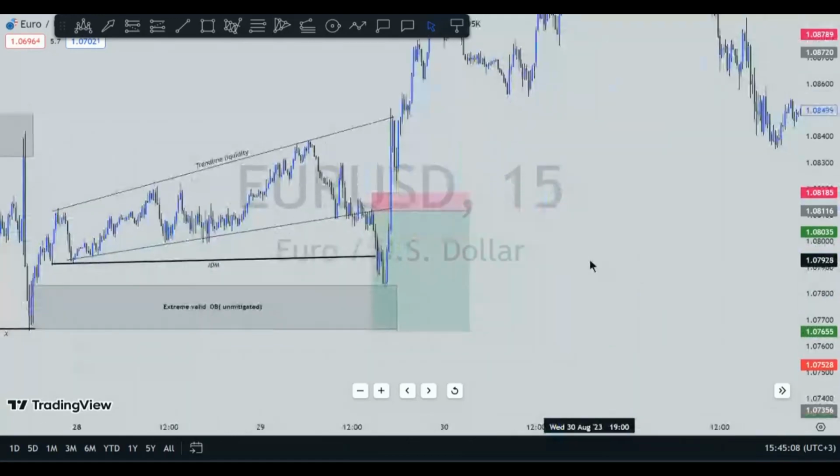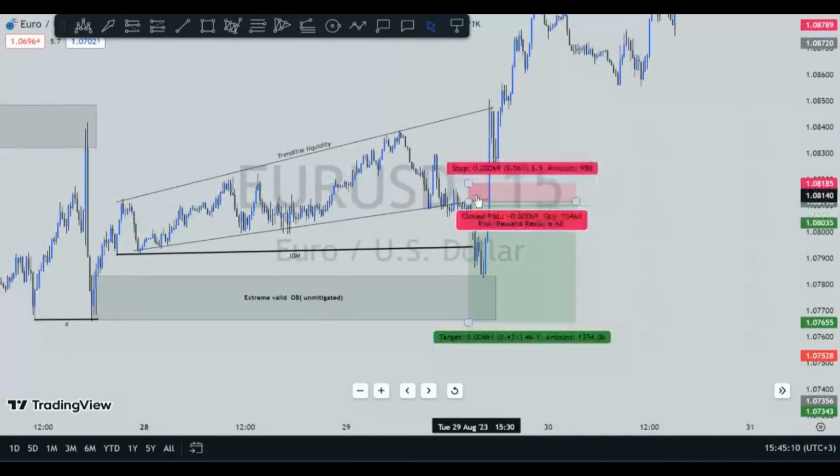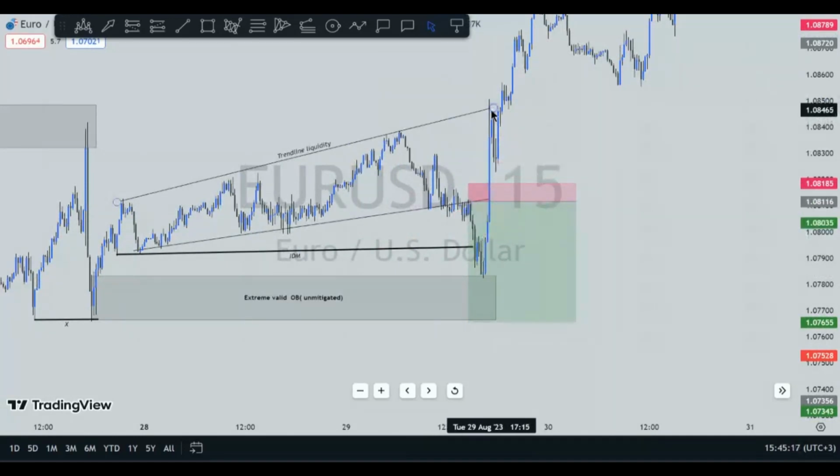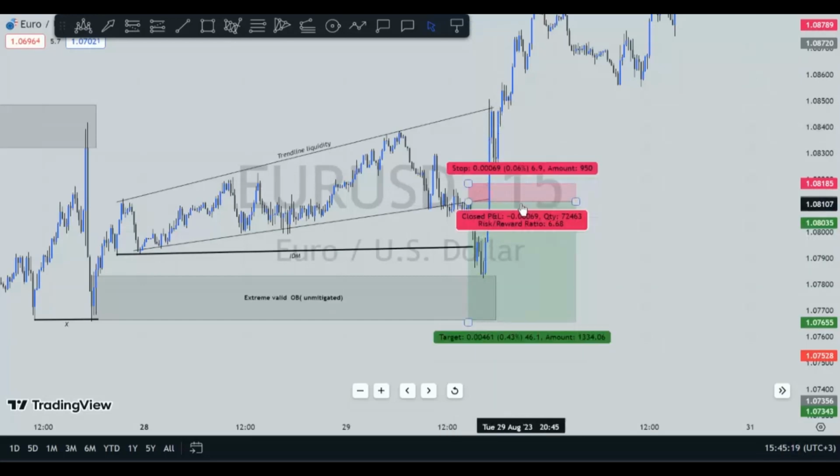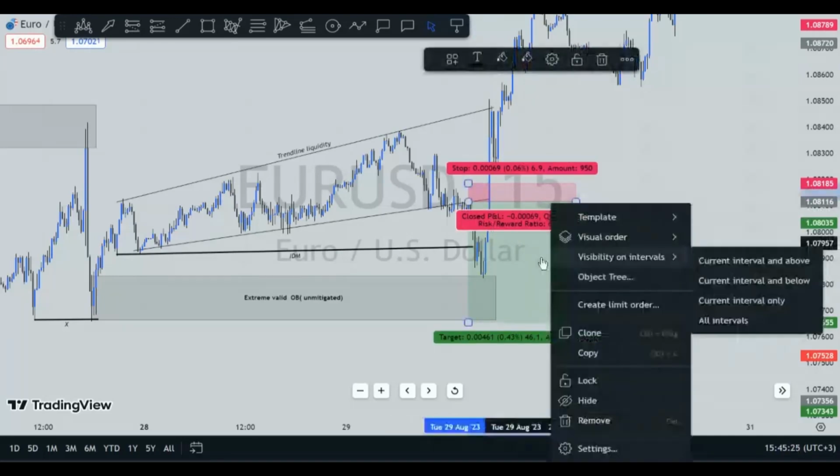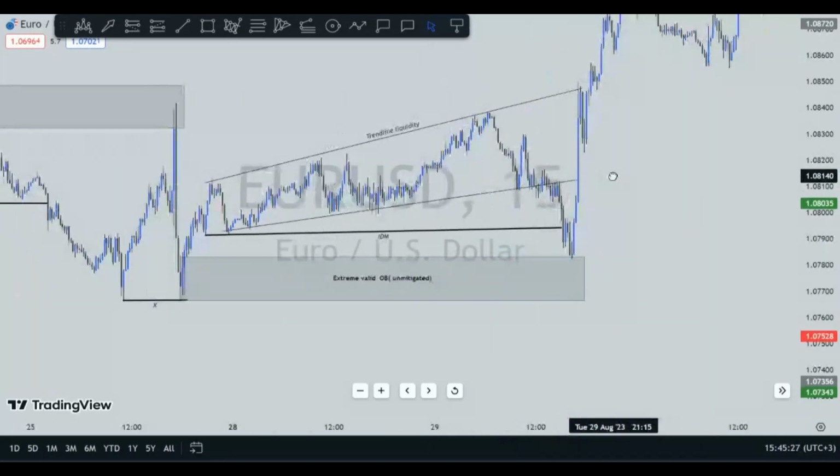Now what happens? Price reacted perfectly and then drastically moved to the upside, triggering the retail traders' stop losses that were here. Well, that was not our topic. I was talking about inducement.